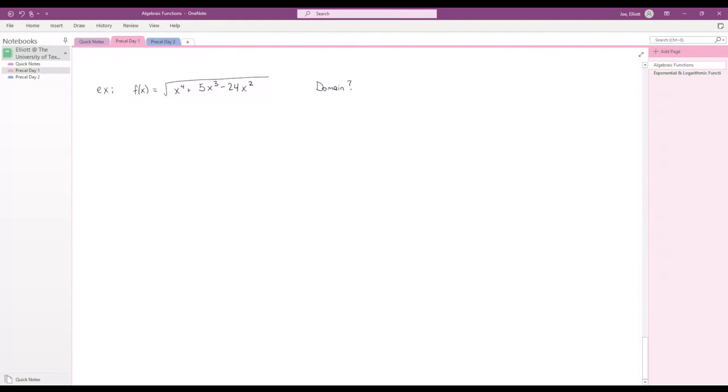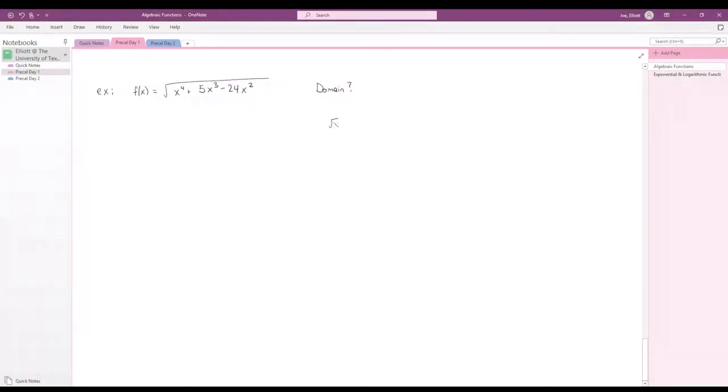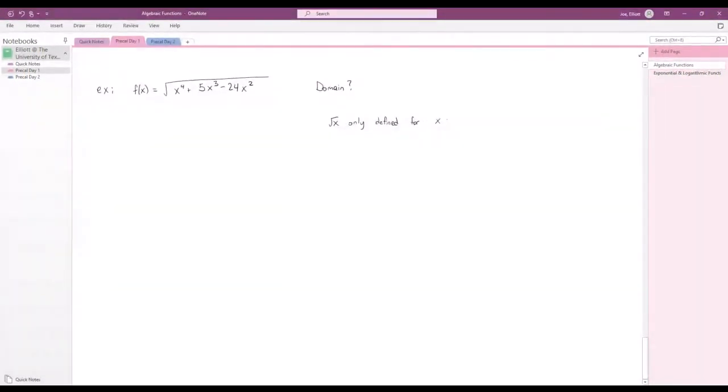So whenever your function has a square root in it, and you're thinking about its domain, what you have to keep in mind is that you can only take the square root of a non-negative number, right? So numbers under the square root can't be negative.